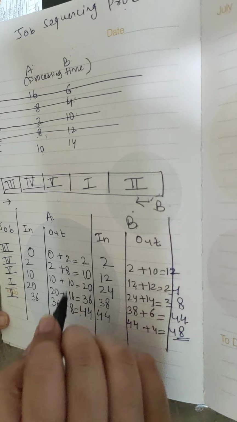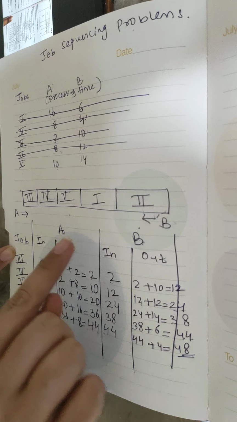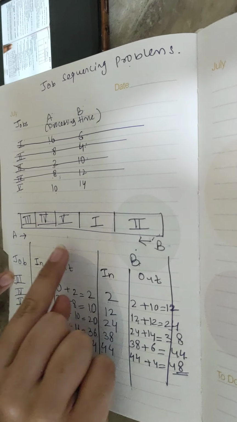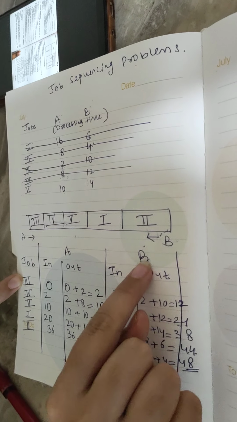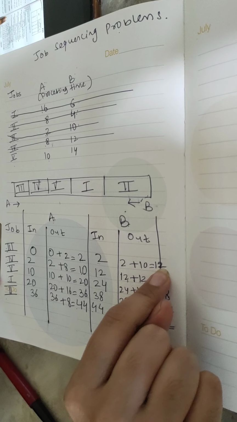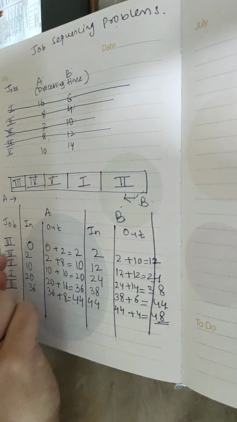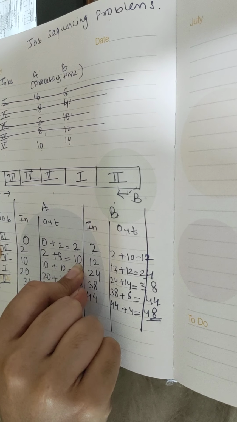The ideology behind this problem is that for every job it require two machines A and B. A's work is finishing in 2 hours for third job and the same work is started by B machine, and now it will finish at 12. Here the fourth job is finished by A machine at 10.